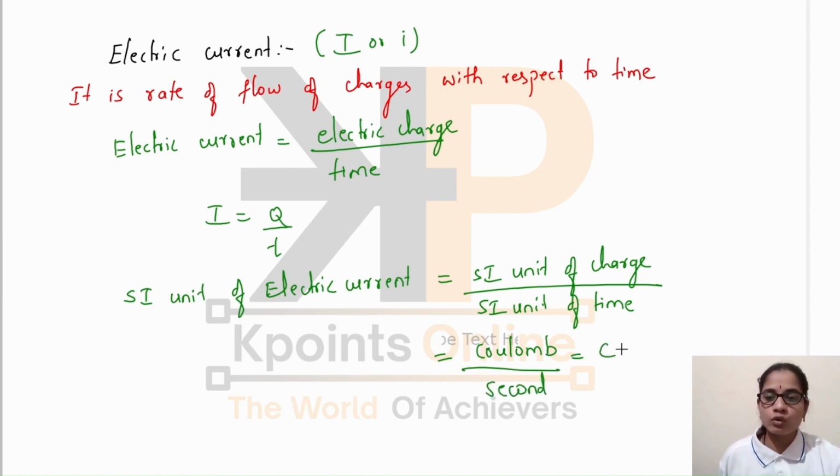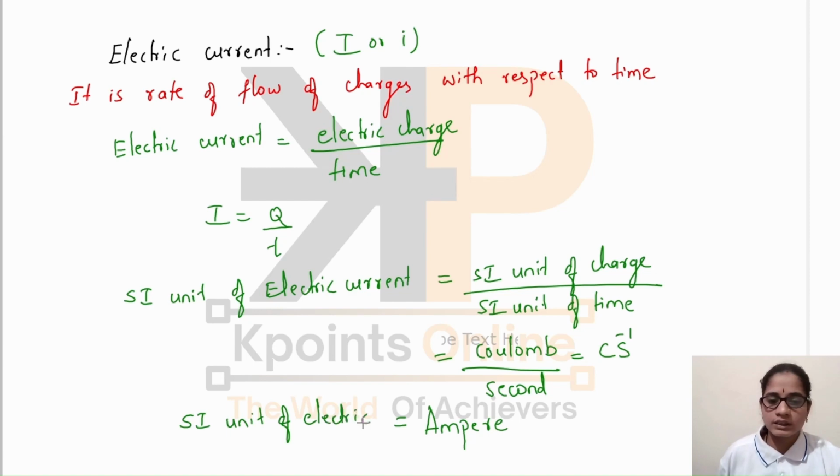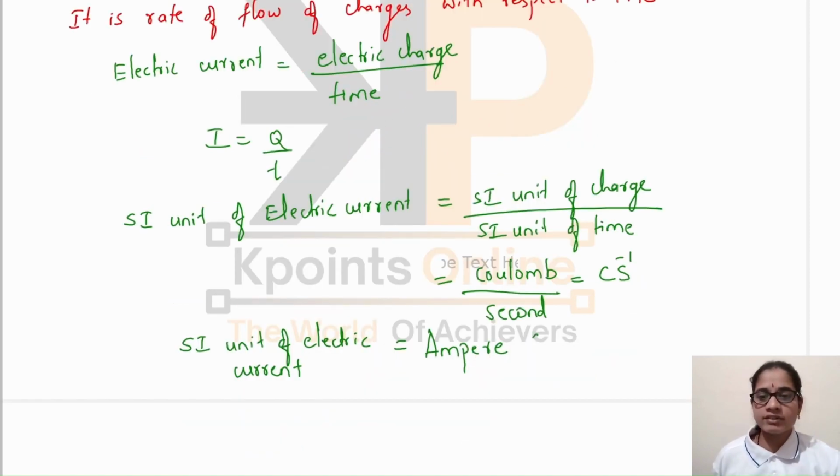So it is equal to coulomb per second. And in the honor of the scientist named Andre Marie Ampere, this SI unit of electric current is given the name ampere. The SI unit of electric current is given the name ampere, and it is given the symbol A.